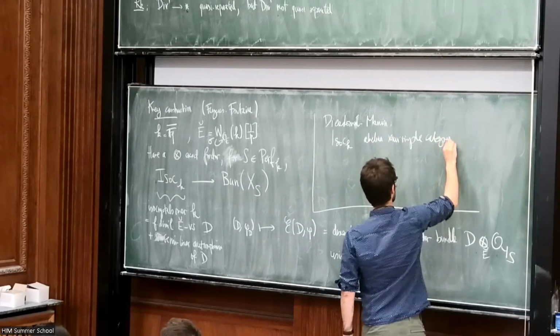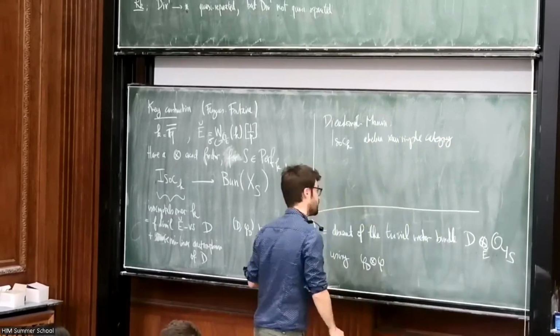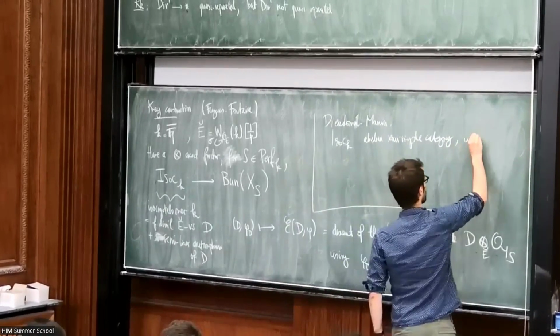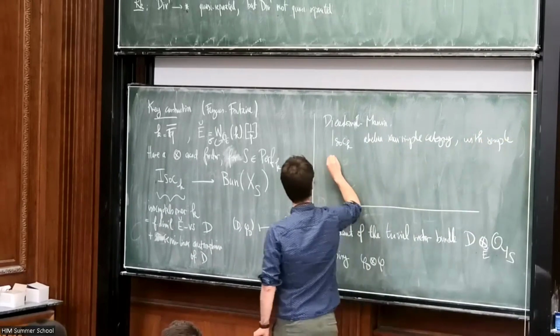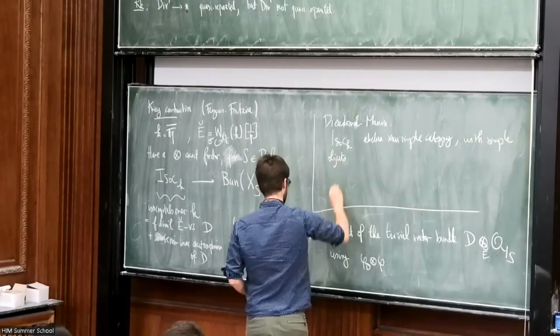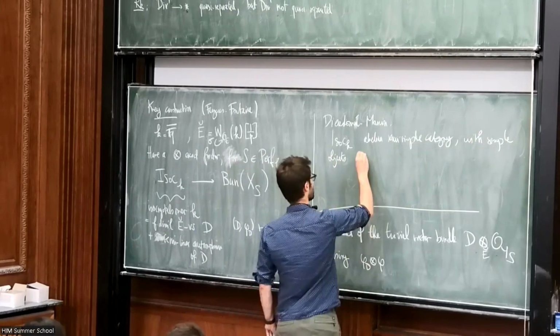So any object of this category is a finite direct sum of simple objects. And the simple objects, we know what they look like. They are parameterized by rational numbers.